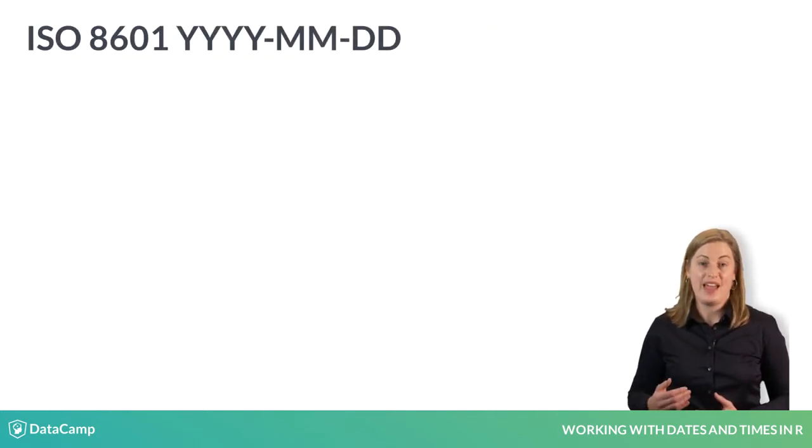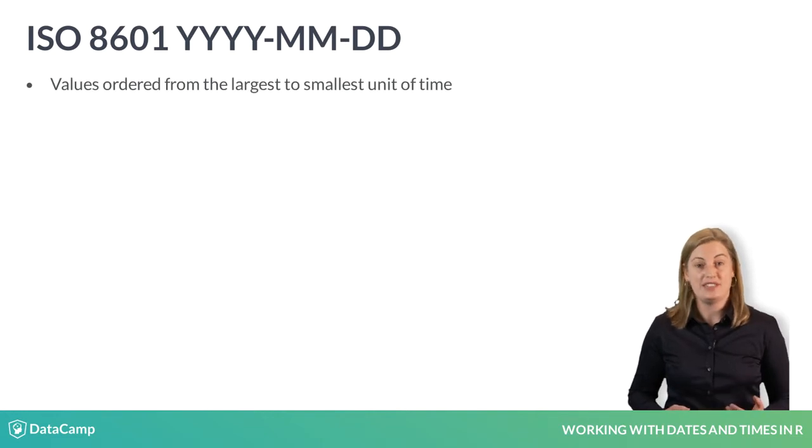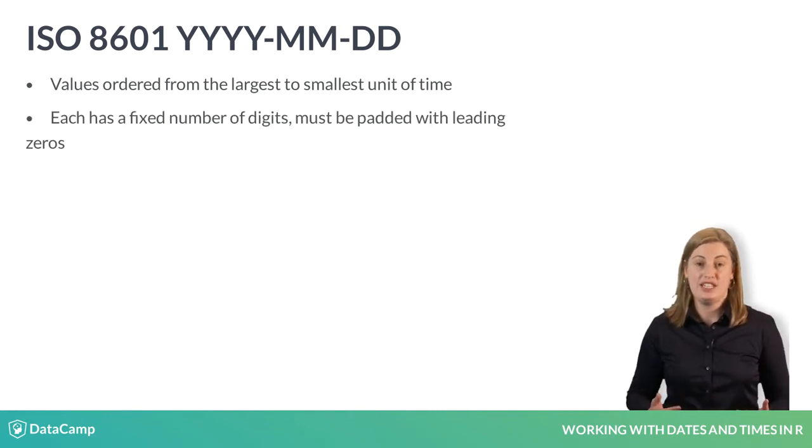The ISO 8601 standard specifies the order of the components, but also a few other details about the date. For example, each component has a fixed number of digits. Year has 4, and day and month 2. If you only need one digit for the day or month, you must pad it with leading zeros.